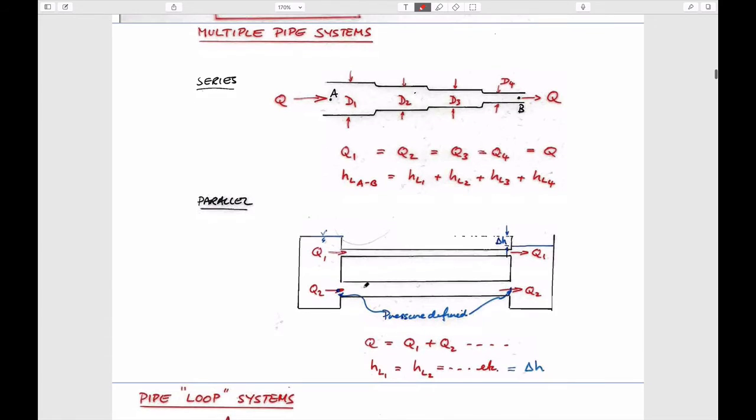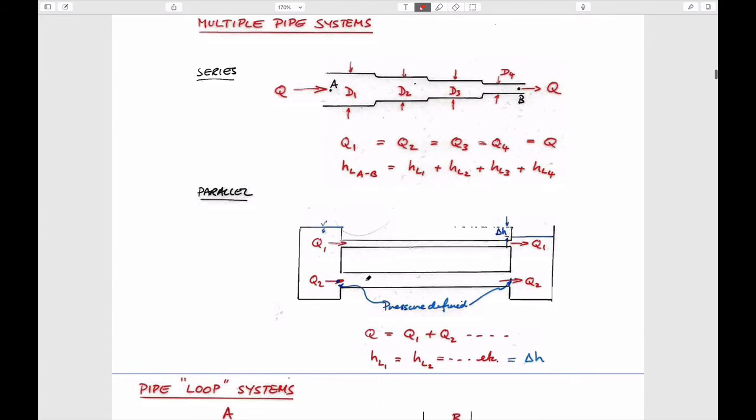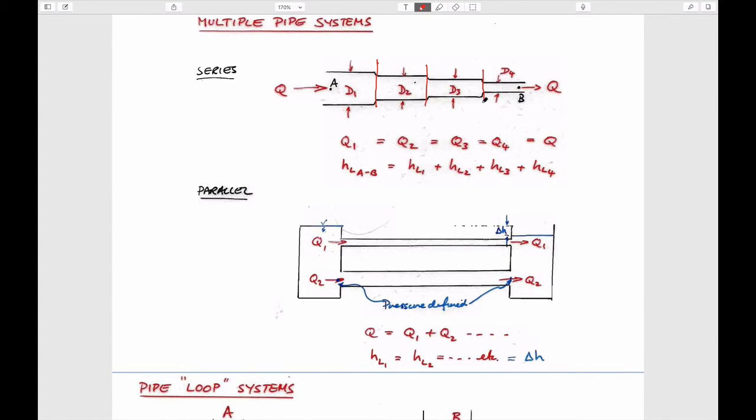For networks, which would be good to look at, we talked about the different kinds of behaviors you have. In series flow, always, if you take a section across here, the volumetric flow rate Q, mass flow rate really, but density doesn't change very much. The flow rates should always be equivalent to each other as you go through those sections, which means that if you look at the heads as you go across this, they would change with each section.